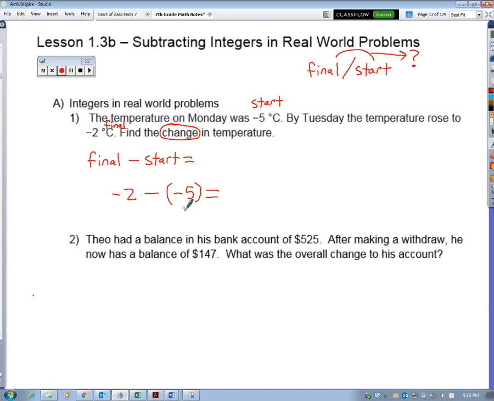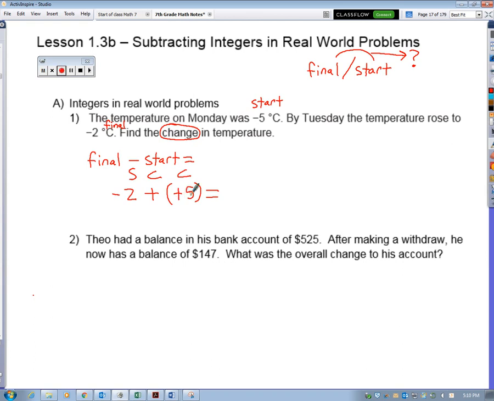This is a subtraction problem, so I have to do the same rule from yesterday. Same, change, change. -2 is going to stay the same. Our minus sign is going to change to an addition sign, and our -5 is now going to change to the opposite, a +5.